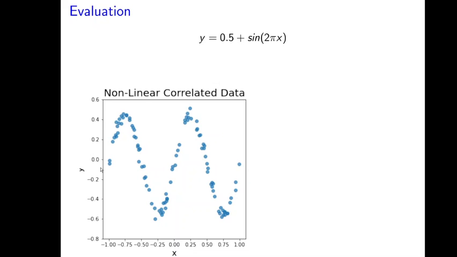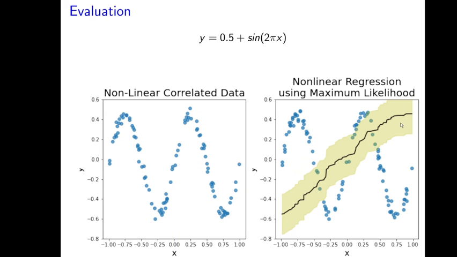So the y value just moves up and down with the growth of x. And when applying the above technique, we find that the maximum likelihood for linear regression failed to find the proper curve that can follow the change of variable y with the growth of variable x.